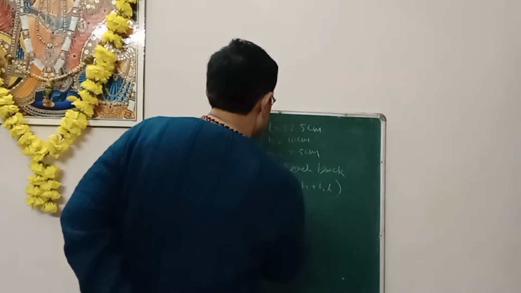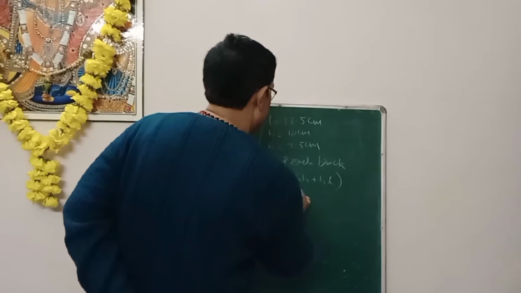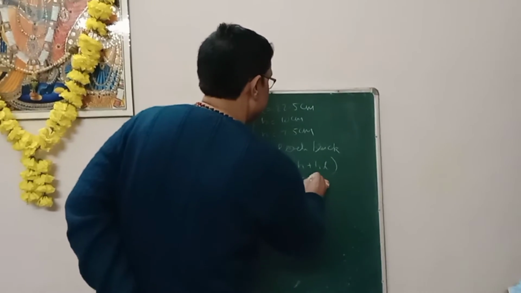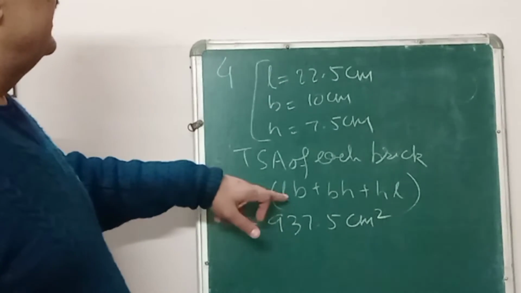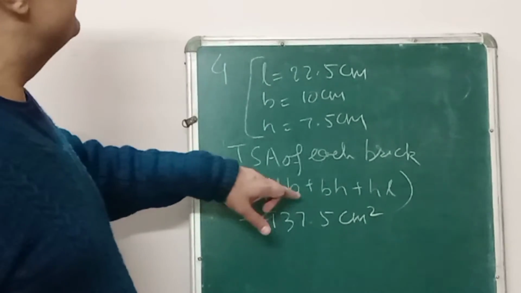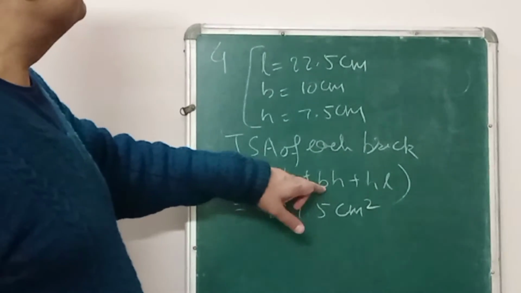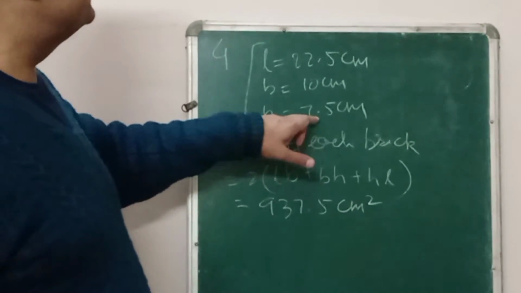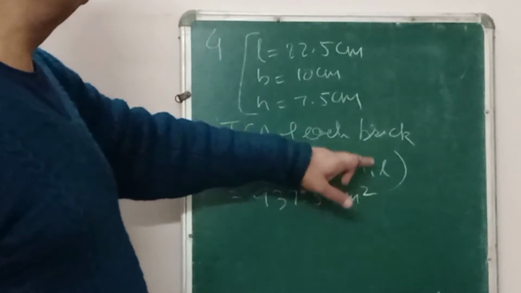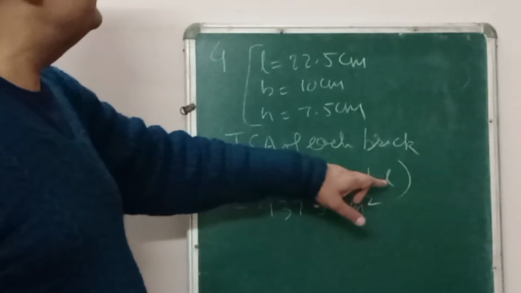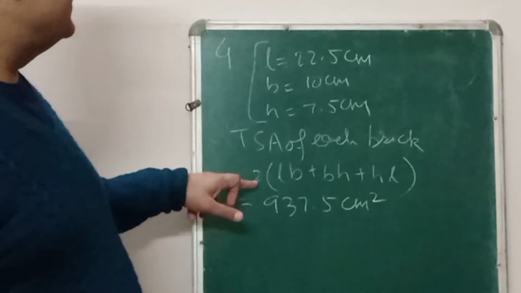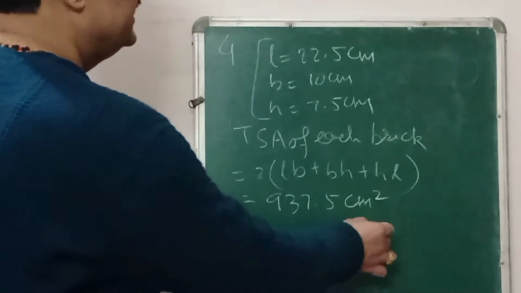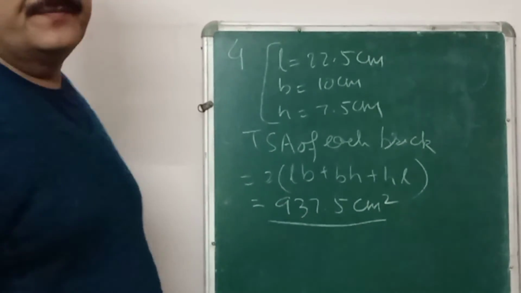Area of each brick is 937.5 centimeter square. If we put the values, L is equal to 22.5, B is equal to 10, H is equal to 7.5, multiply by 2, we get the area of each brick as this.